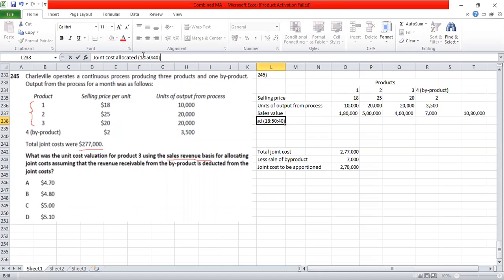In this ratio, the joint cost will be allocated. The total cost is 270,000 into 18 divided by 108.